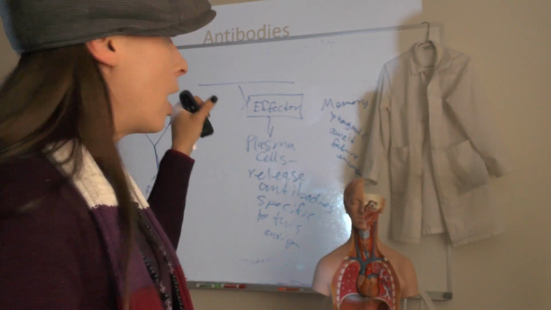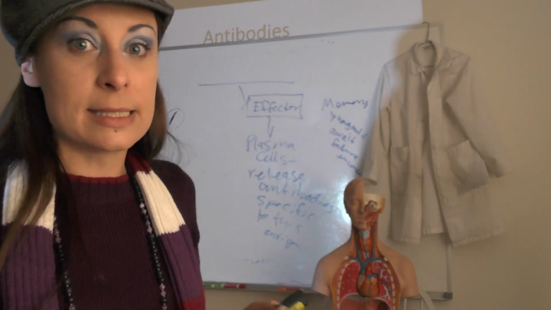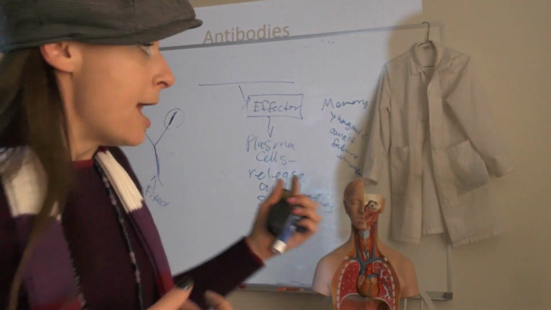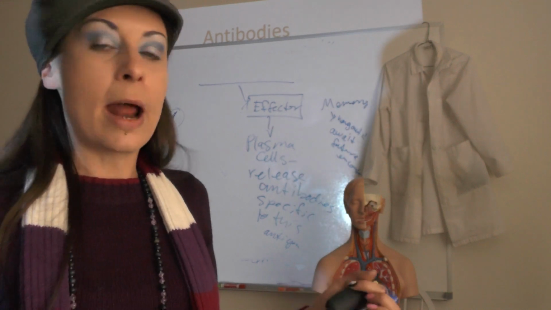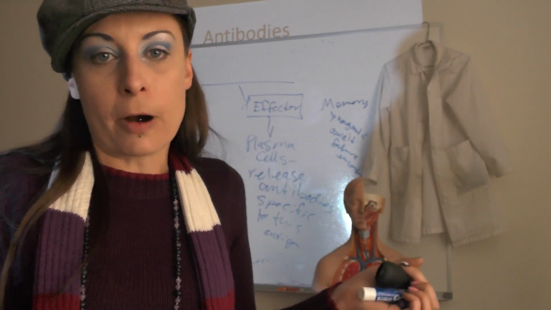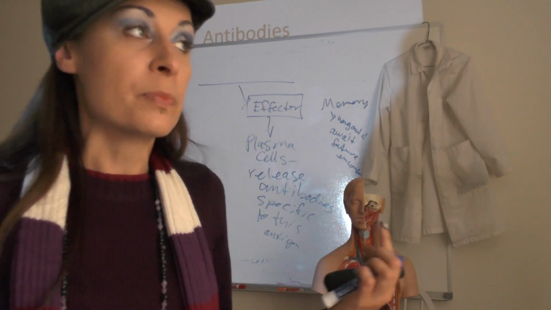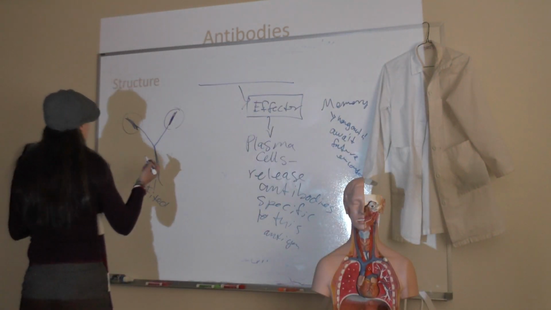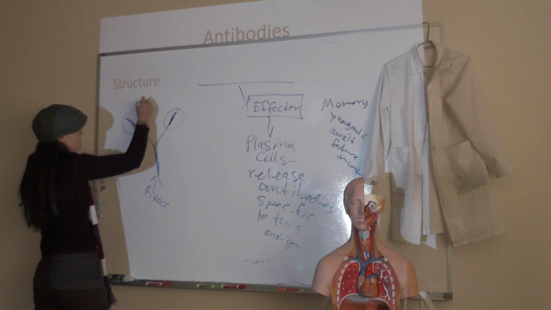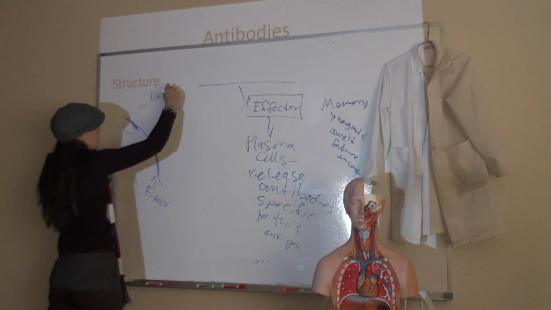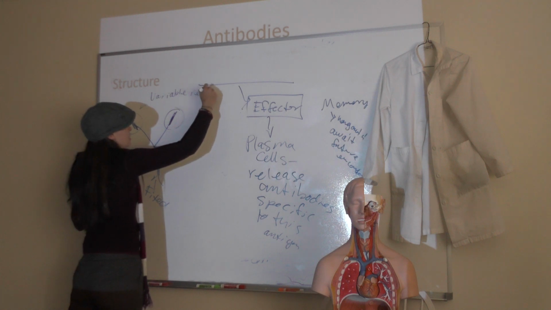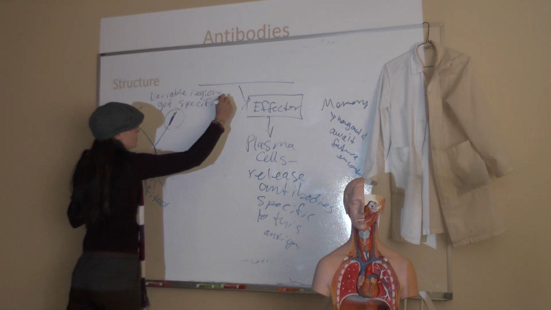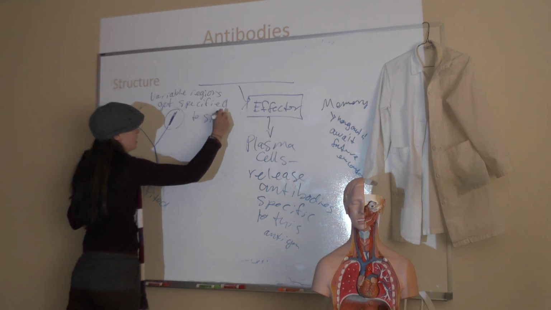So now, our antibodies have these ends that look like that variable region that can bind to the epitope on the antigen, and then this fixed region can be recognized by some other part of the immune system, or can be removed from the immune system in some way. So the structure of our antibodies is that they have these variable regions that get specified to the specific epitope we're fighting.